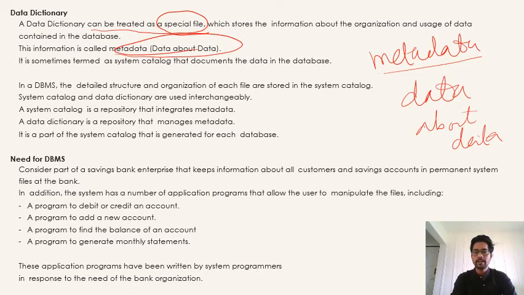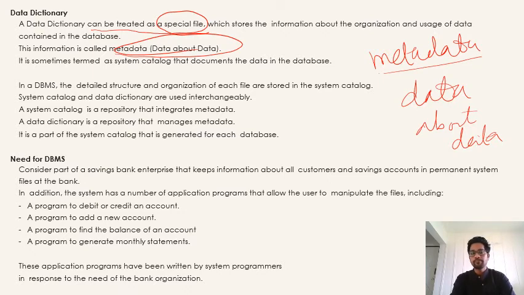System catalog and data dictionary may be used interchangeably. In some books it is given as system catalog, and in some books it is referred to as data dictionary. A system catalog is a repository that integrates different metadata. We combine such different metadata together and store this kind of information in a data dictionary.